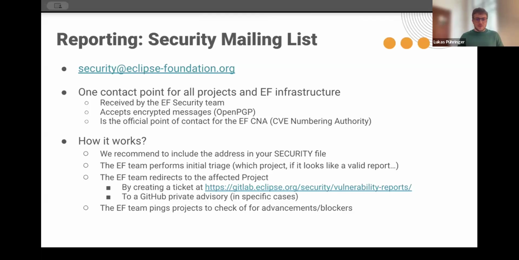How does it work? So first of all, we recommend everyone to include this address in their security file in their source code repo, because that's the canonical location where reporters will look for a point of contact. You can add it as your primary contact or as a fallback.